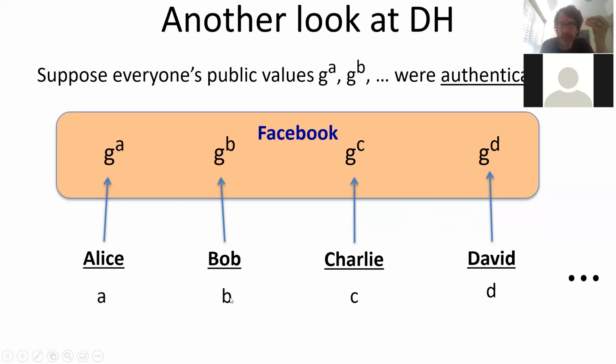He picks this little b, and Charlie picks little c, and David picks little d, etc. Remember, in the Diffie-Hellman key protocol, the exponents are trapdoors. If you reveal your little a to the world, then everybody will be able to complete the Diffie-Hellman key exchange.